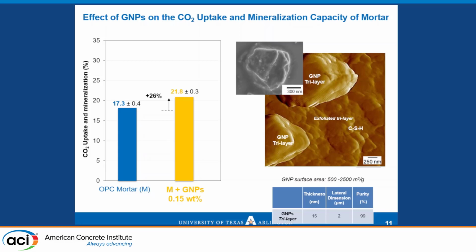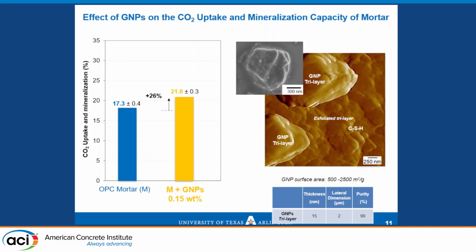It's 0.3% per volume, which corresponds to 0.15% per weight of cement. Then we can increase the CO2 uptake and mineralization by 28%.